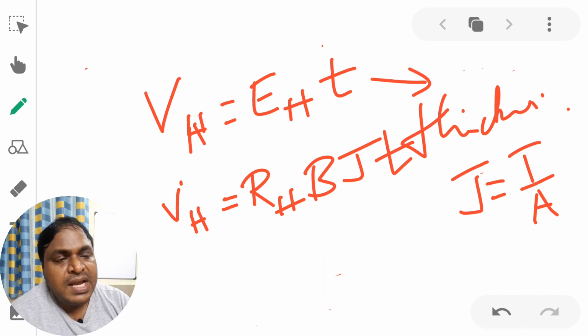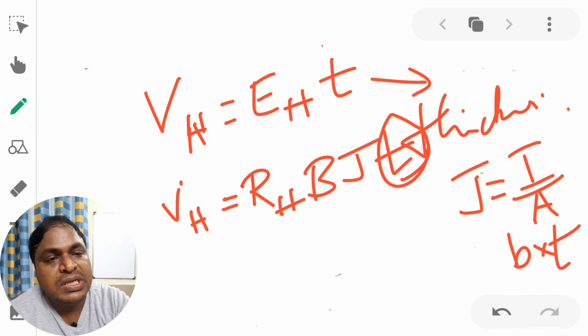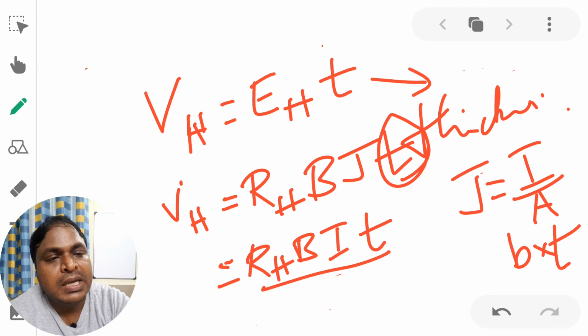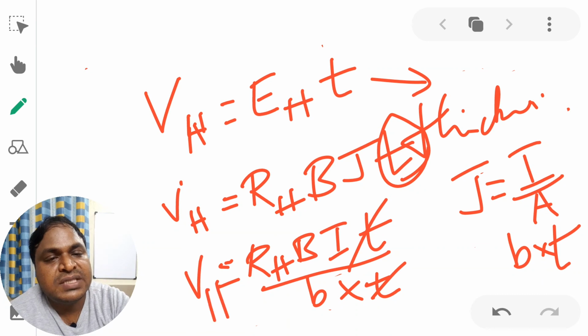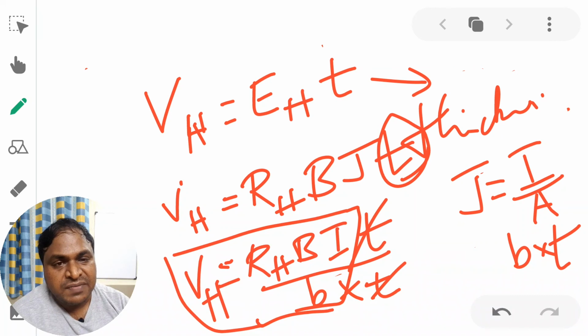Okay, so if you take small b as breadth and t as the thickness, you will have I by b into t. So VH is equal to RH B I t by b into t. So t and t will get cancelled. So VH will be RH B I by small b. So this is the formula for Hall voltage.